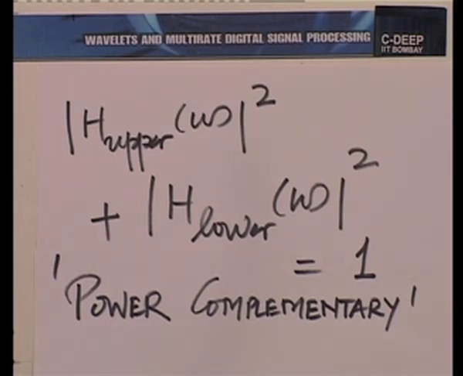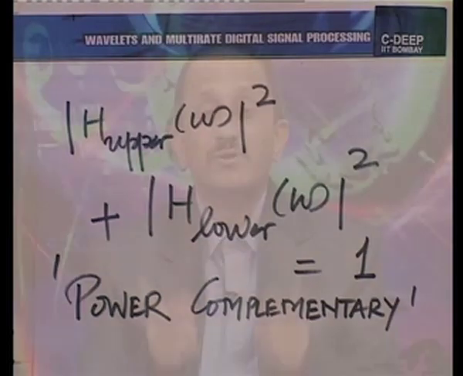A very interesting result. The Haar analysis filter bank is both magnitude complementary and power complementary. In fact, I leave it to you to study the synthesis filter bank and come to a similar conclusion. The filters are magnitude complementary and power complementary. Whatever it be, this is something striking.